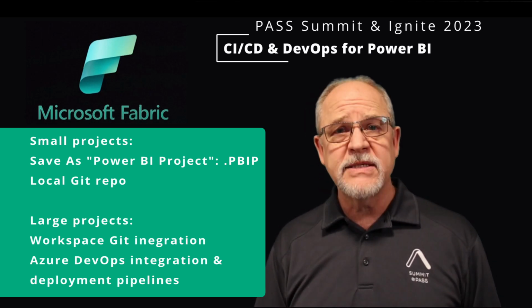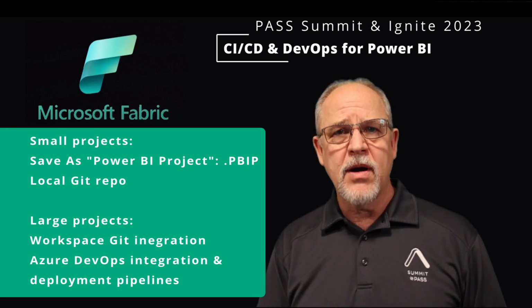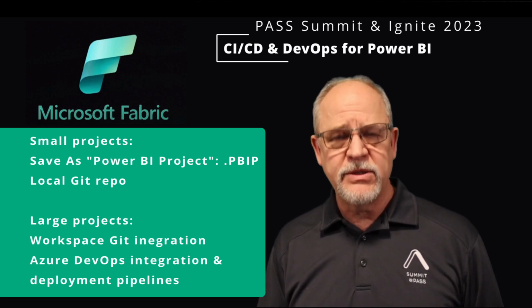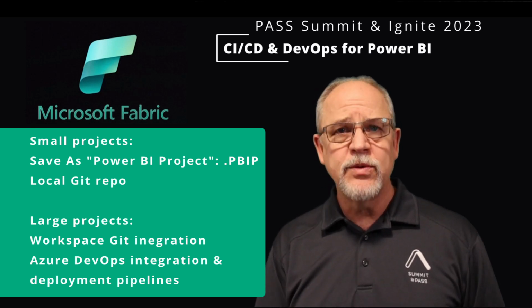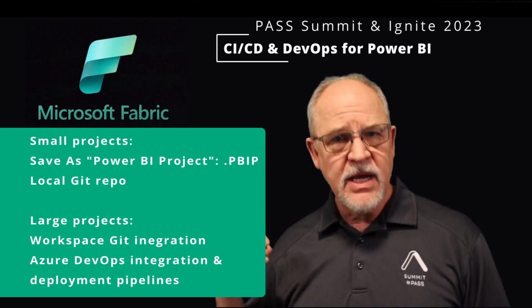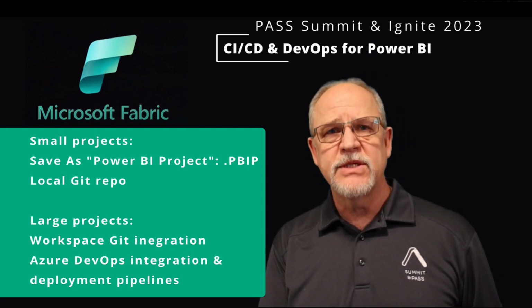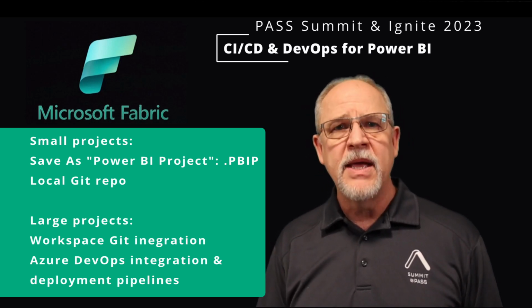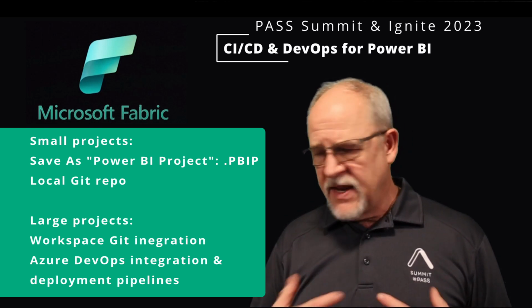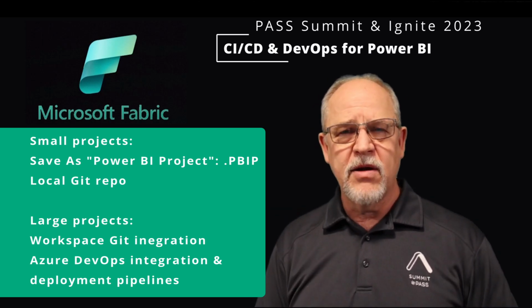There are a few different ways to do that, but the most significant now is that we can store Power BI projects using the PBIP format, which means that it actually stores individual files and it's completely Git compatible. So you can use a free Git subscription and then just use Power BI Desktop to store your files on your desktop in a Git repo where you check them in and they're versioned. And even if something happens on your local machine, you have that version history in your online Git repo.